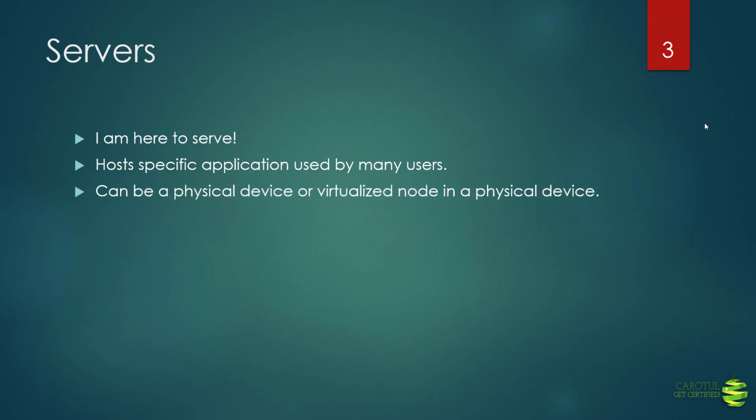So you will see that servers could be physical devices, meaning you can have a physical server with a lot of memory and a lot of processing power, or they can also be virtualized nodes in a physical device. So nowadays what's happening is we use something called virtualization, where we use a very powerful physical device, and on these physical servers, we create multiple virtual servers which are completely isolated from each other.